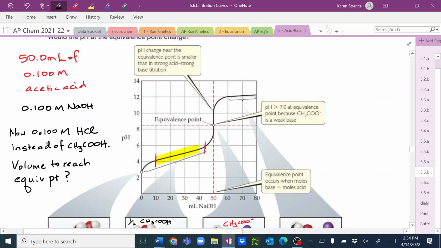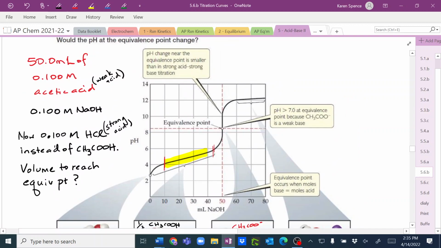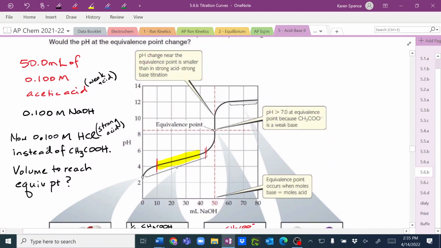Would it be different? Now I have a strong acid.